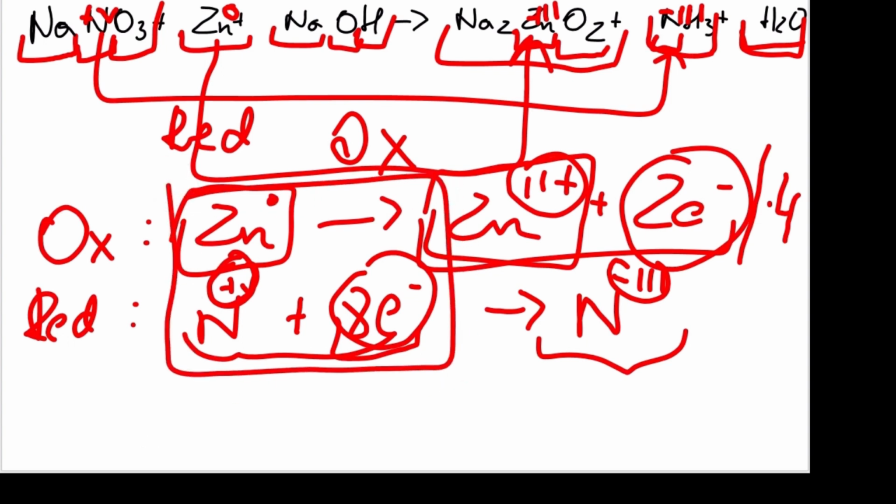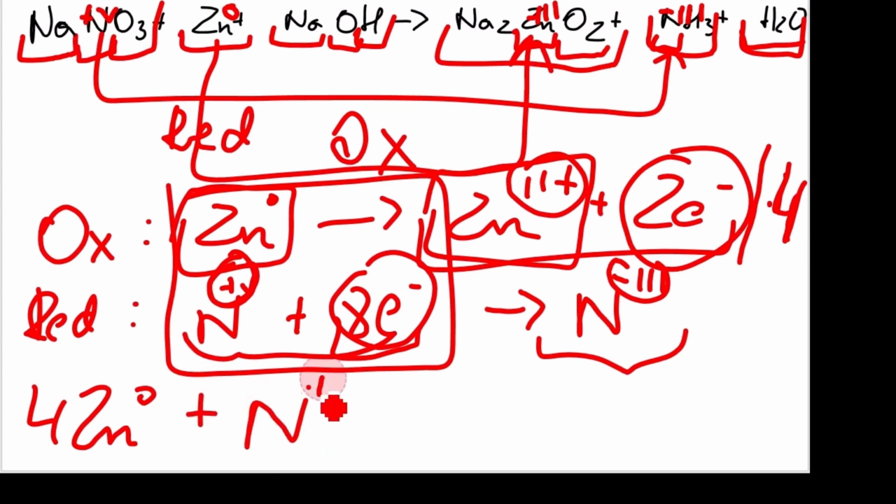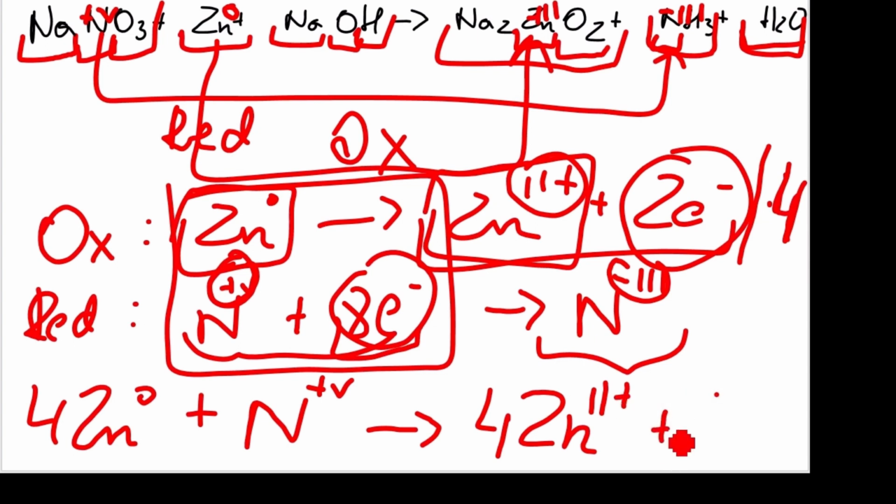Considering the substrates, 4 atoms of zinc, yes, because we already multiplied it by 4. 4 atoms of metallic zinc plus nitrate give us 4 atoms of zinc with oxidation state +2 plus ammonia, nitrogen with the oxidation state equal to -3.